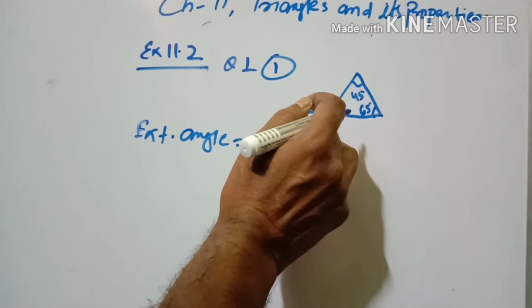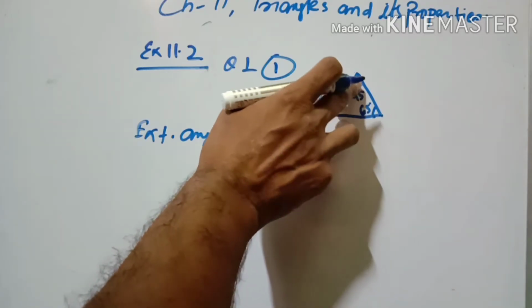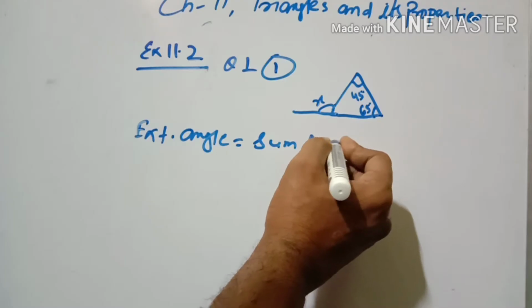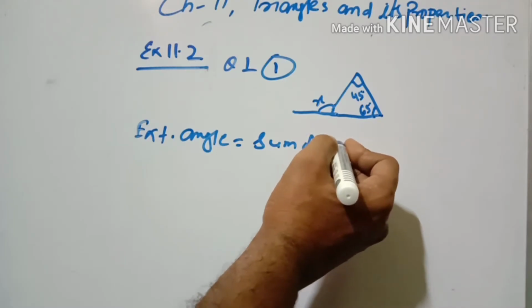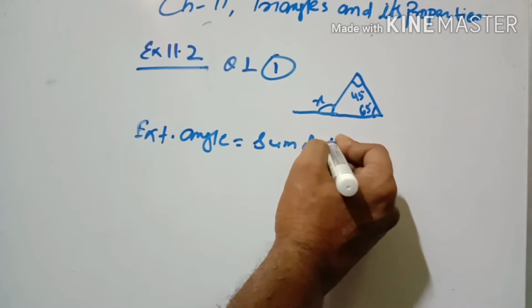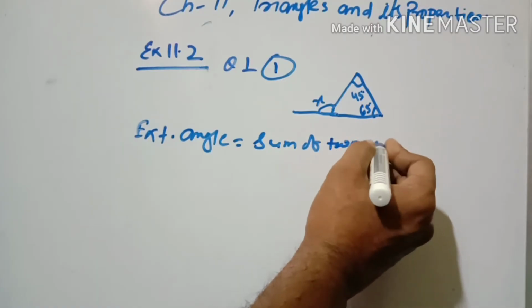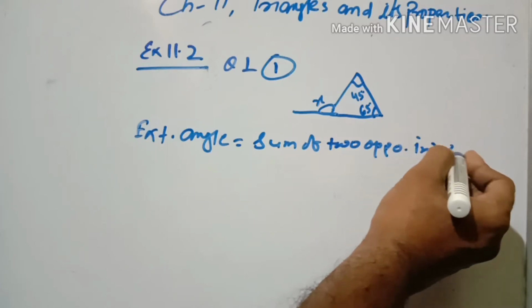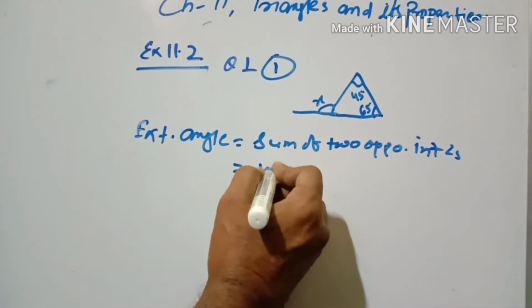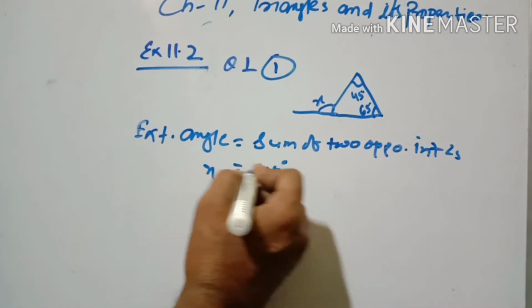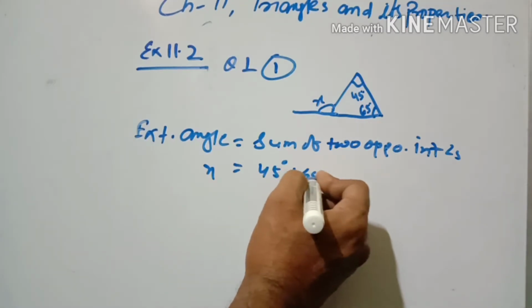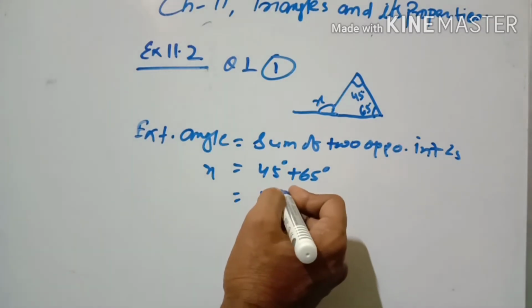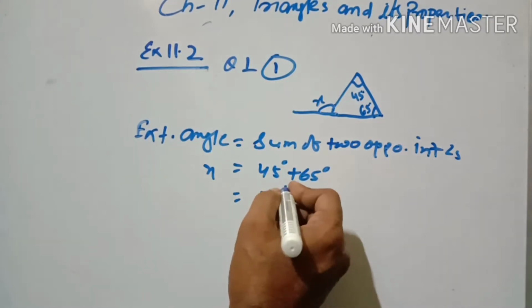This is your exterior angle and its opposite two angles are this one and this one. So here x equal to 45 degree plus 65 degree means 110 degree. Write down please.